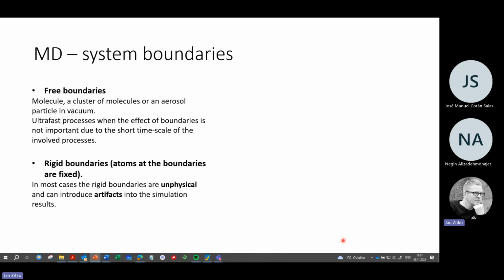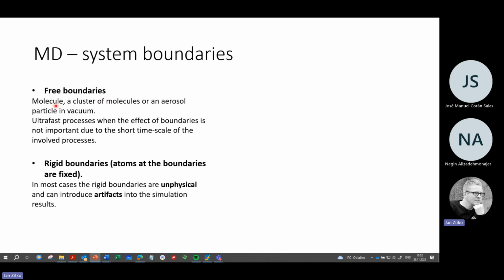So it's not possible to simulate 10 to the power 23, which would be one mole. So we have to cope with this problem somehow. One possibility is to make the system very small, like free boundaries. So how do you do it?